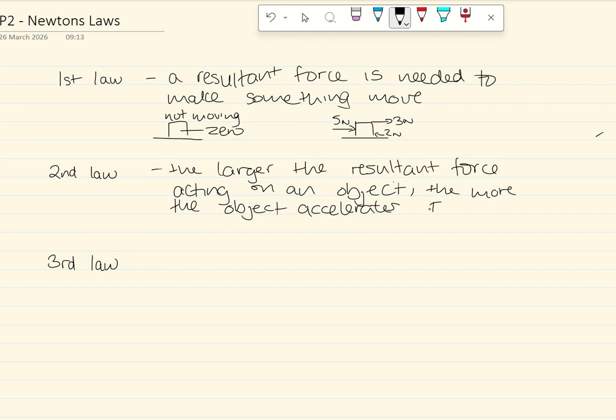And that tells us that force is proportional to acceleration. Okay.